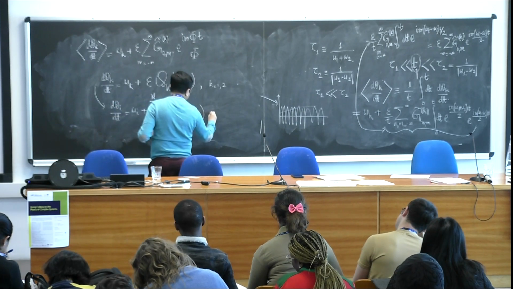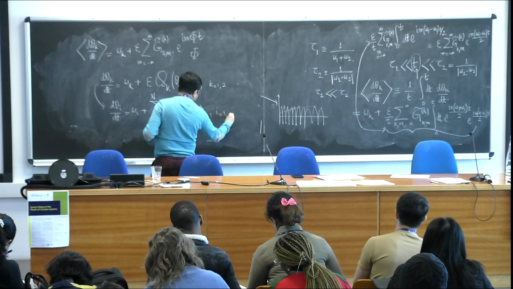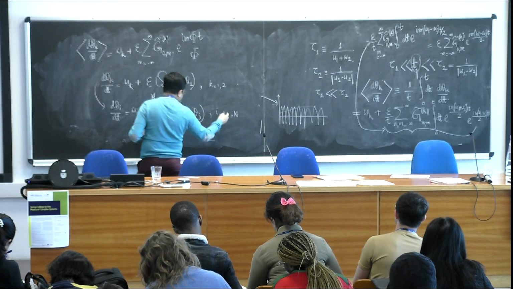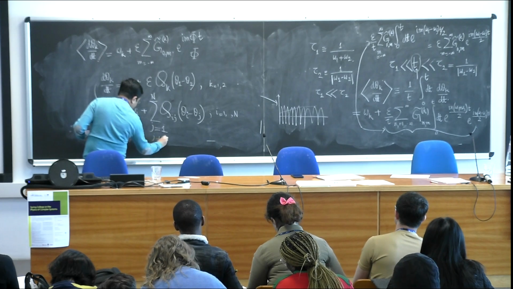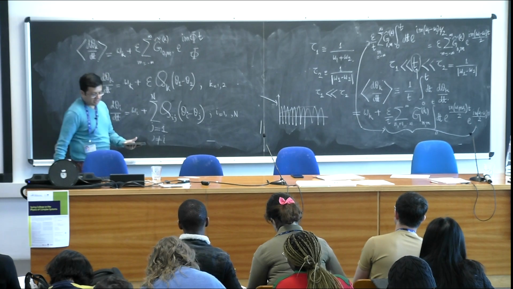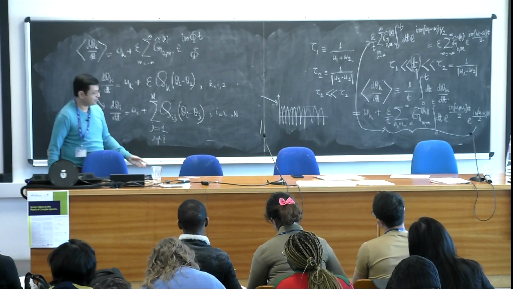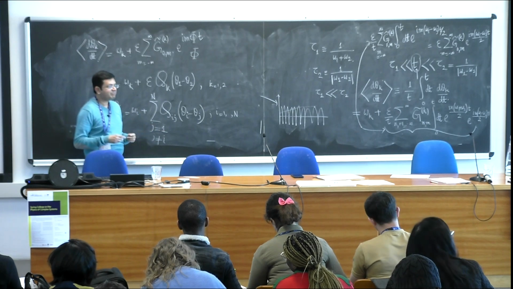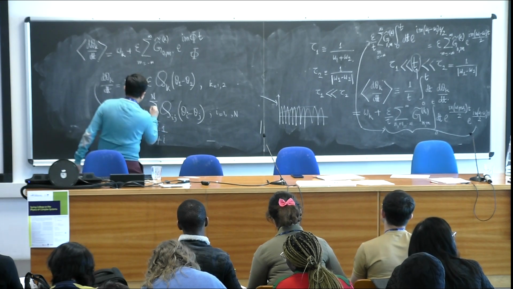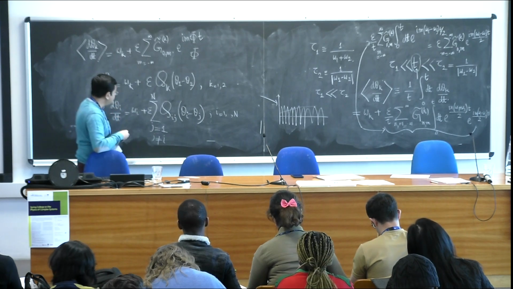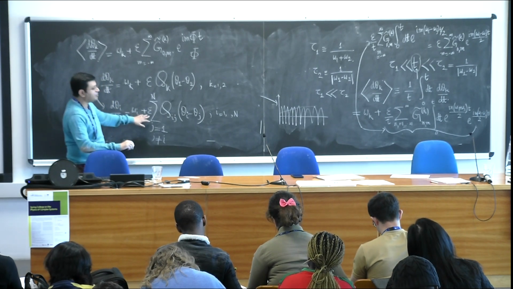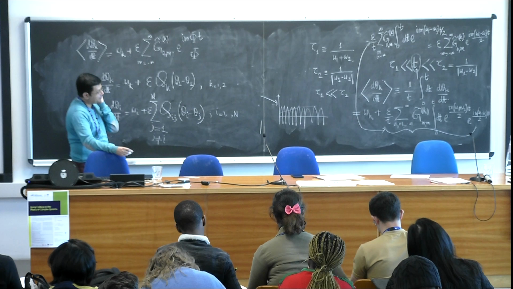Suppose there are capital N number of oscillators. N can be 2, 3, 4, etc. And of course, you would like to exclude the case j is equal to i. There has to be a small parameter somewhere, because otherwise this approximation does not hold.